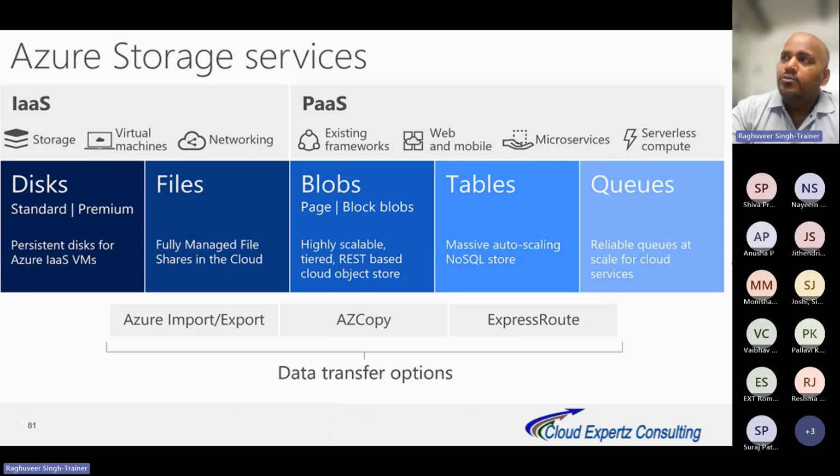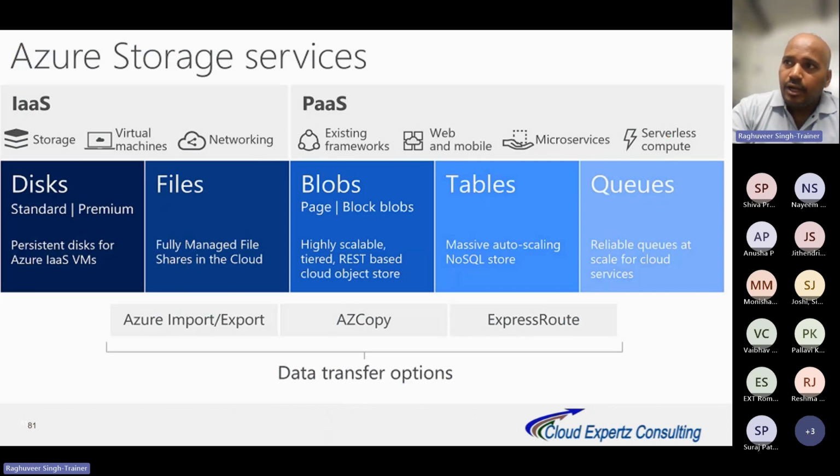Now tables and queues have no relationship to Entra ID. Only disk files and blobs work with Entra ID or have something to do with Entra ID. So our focus is going to be on disk files and blobs as part of this session. You also see tables are used for microservices and serverless compute services, which is event-driven services.